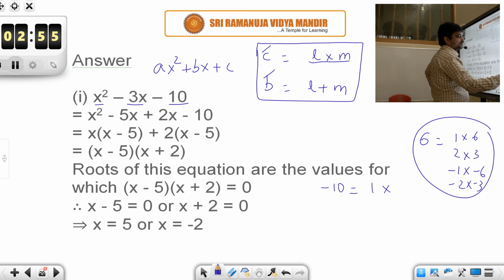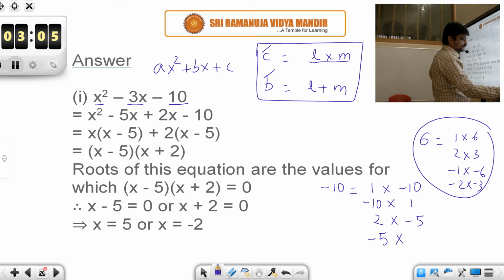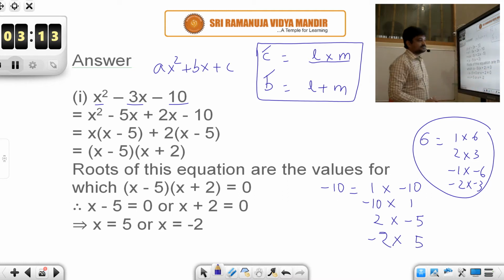One is 1 into minus 10 or minus 10 into 1, and then 2 into minus 5 or minus 5 into 2. Sorry, minus 2 into 5, isn't it? So these are the only four ways. Is there any other way? No.